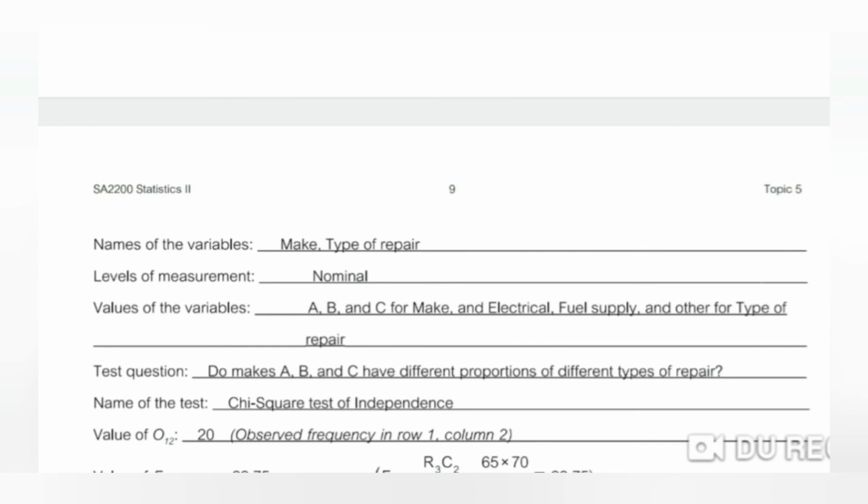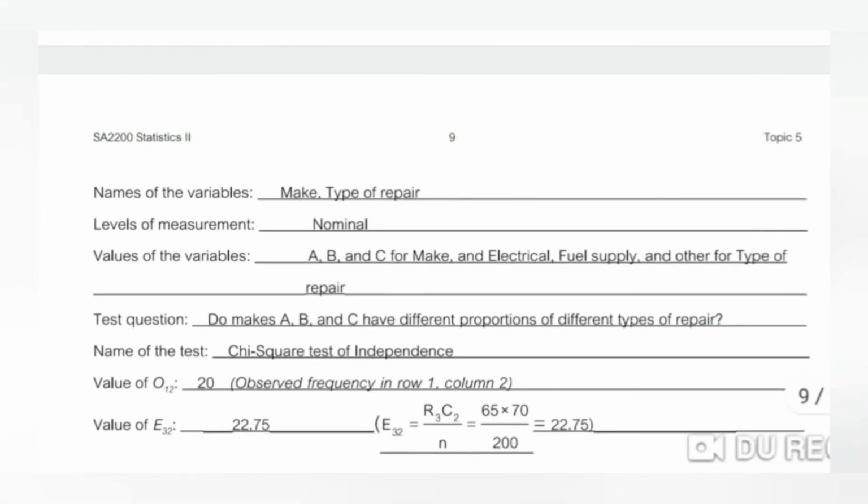After that, the next question is the value of O12. I asked this for remembering notation. O is observed frequency, 1 is row 1, 2 is column 2. You can see 20 in the table. E32, row 3, column 2, is expected frequency.